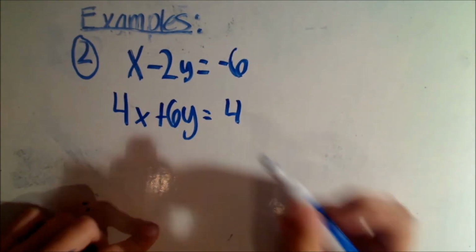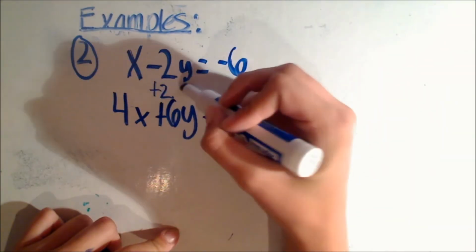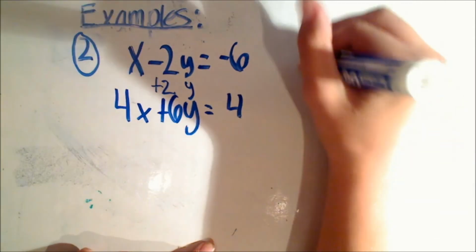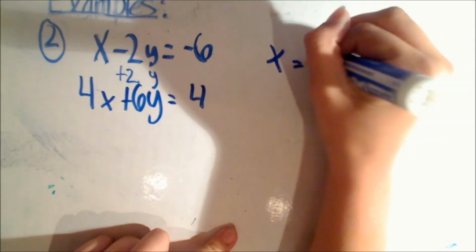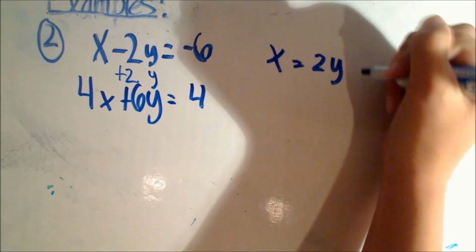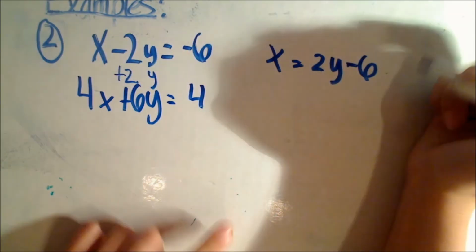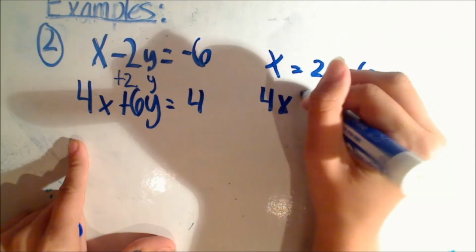So how we rewrite it is we add 2y to both sides. So it's really x equals 2y minus 6. And then just leave this equation the same, 4x plus 6y.